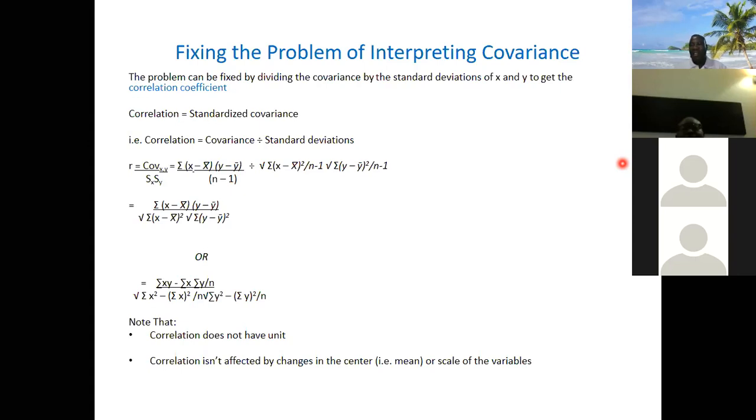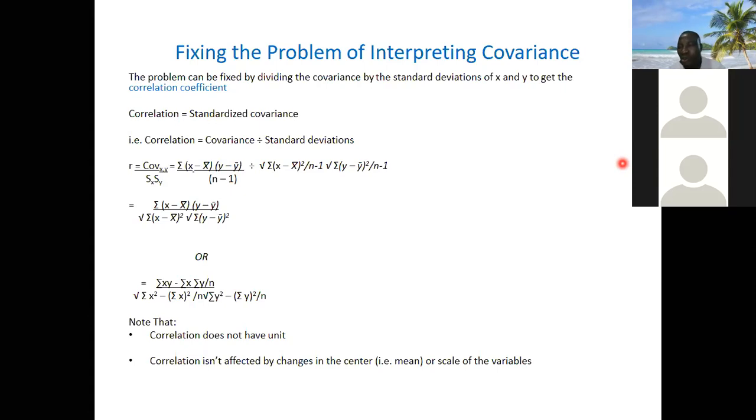In that case, the correlation will be 1. That's the highest. Any other thing, the numerator will be reducing. If the numerator is 0 over the denominator, the correlation will be 0. So the value ranges from 0 to 1.